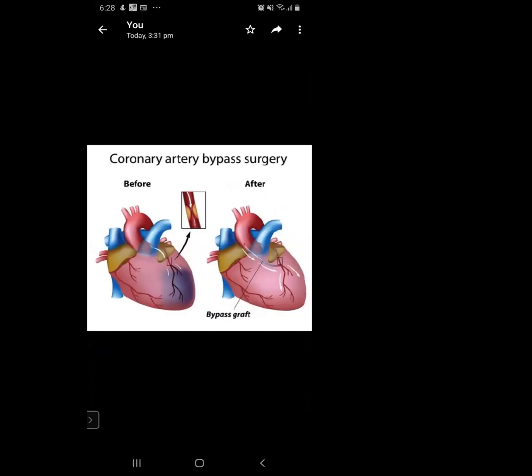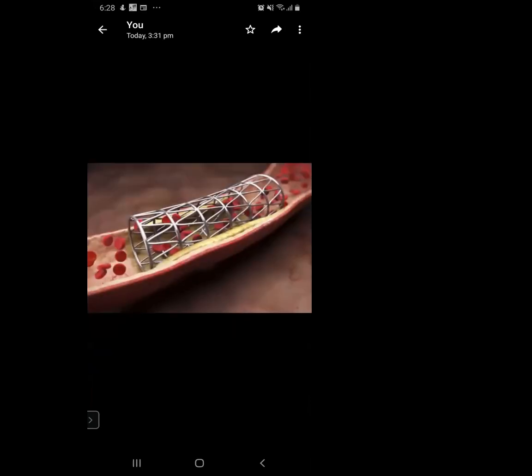The second surgical method your book is talking about is a stent, mesh tube. Now, what is that? Mesh means network. Jali, in Urdu we say jali, mesh tube. So you can see that this thing, which they have implanted within the vessel, is looking like a mesh, like a jali, right?